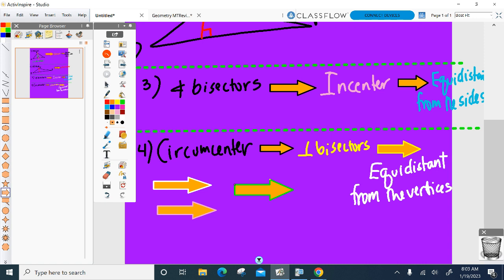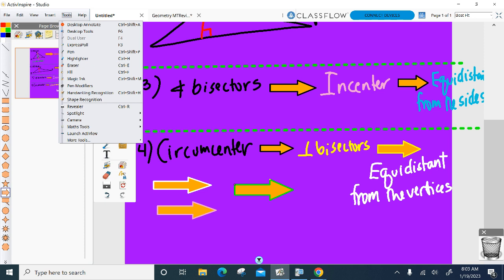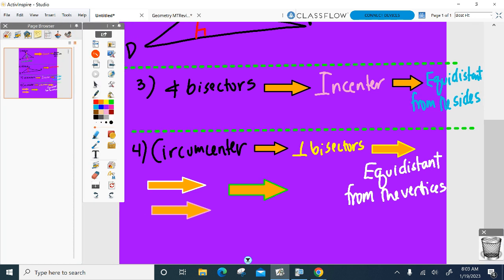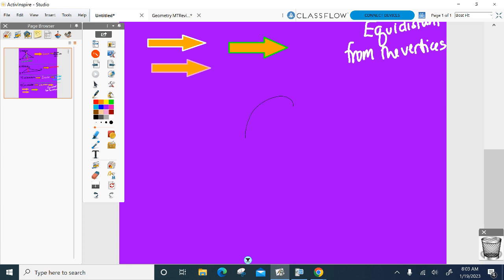We got a couple minutes here. Handwriting recognition.